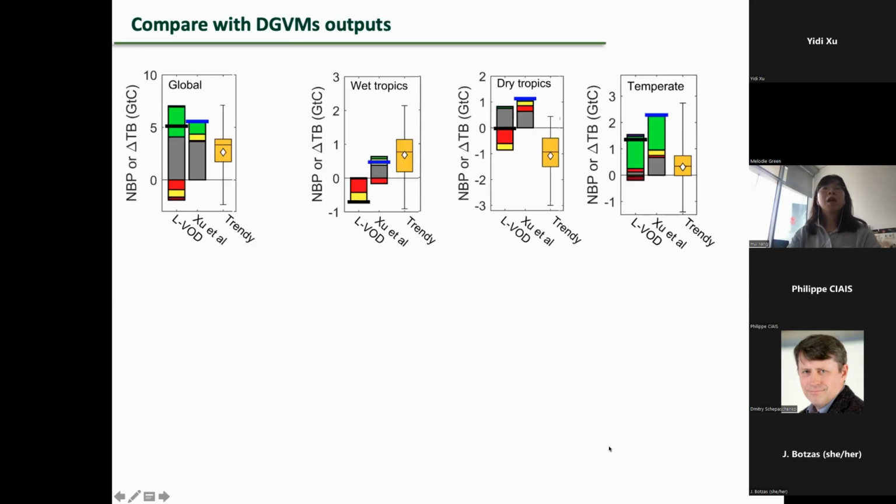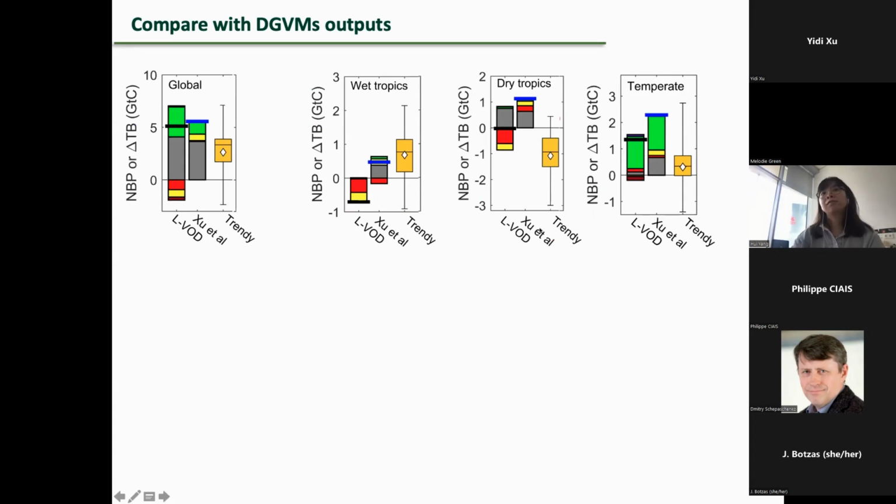The last thing I want to show is that we compared our results with the DGVM outputs, and we found the models predict quite different biomass change. For example, models predict a carbon sink in the wet tropics and a carbon source in the dry tropics, and a smaller carbon sink in the temperate region.